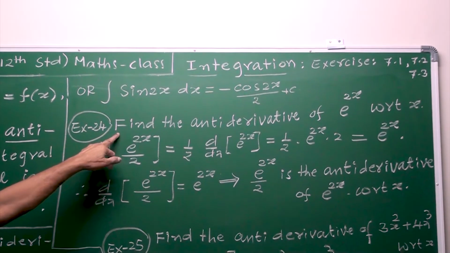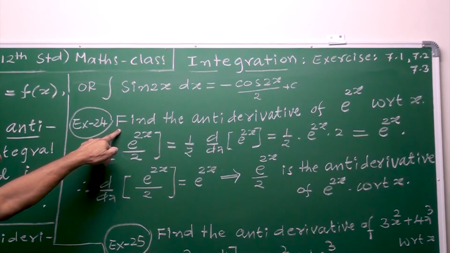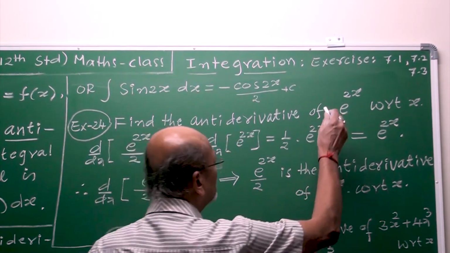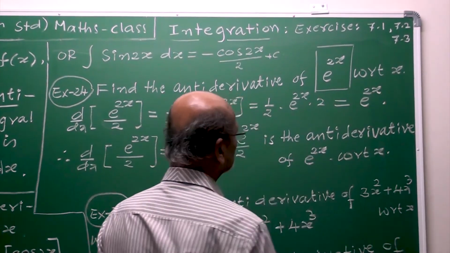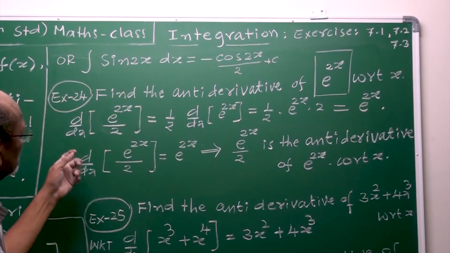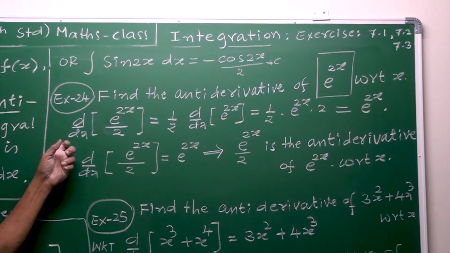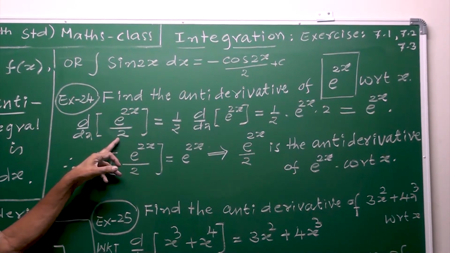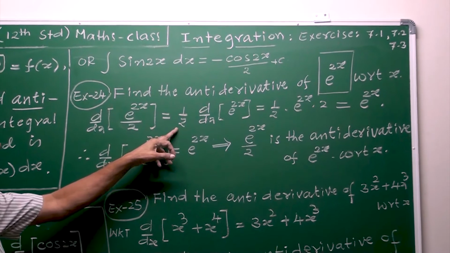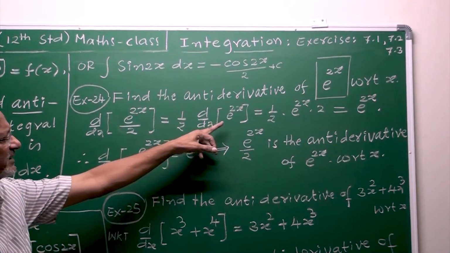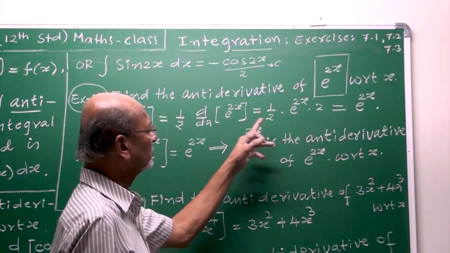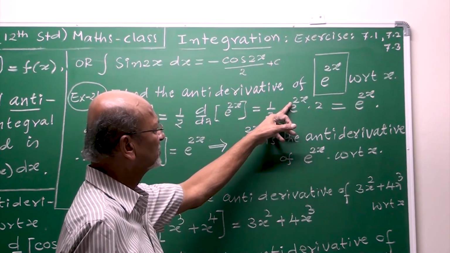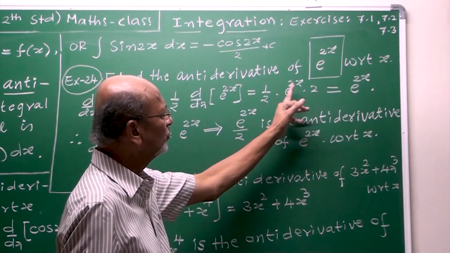Second example: find the antiderivative of e to the power 2x with respect to x. We know that d by dx of e to the power 2x upon 2 is the same, with 1 by 2 outside: 1 by 2 times d by dx of e to the power 2x, which is e to the power 2x into the coefficient of x.